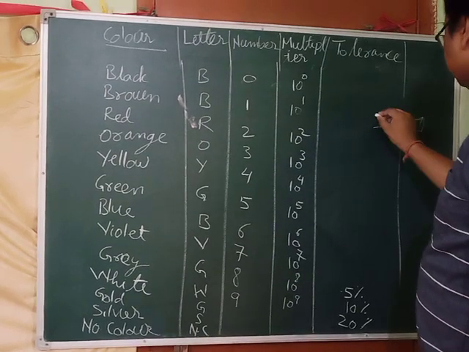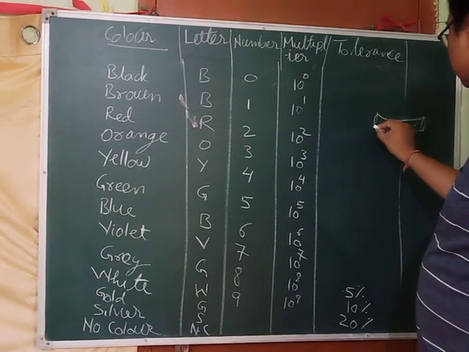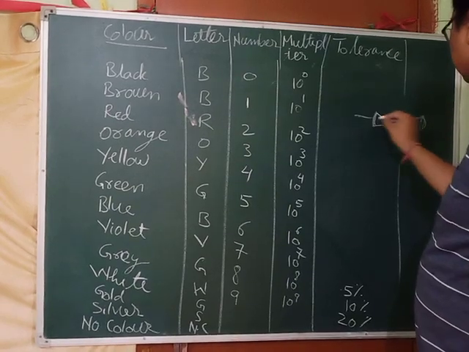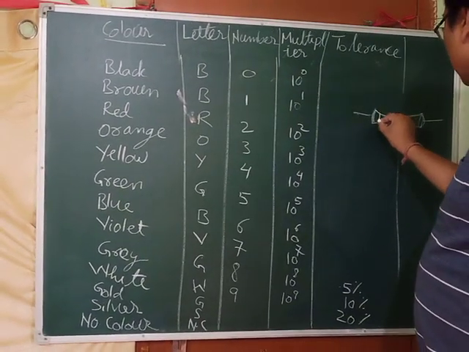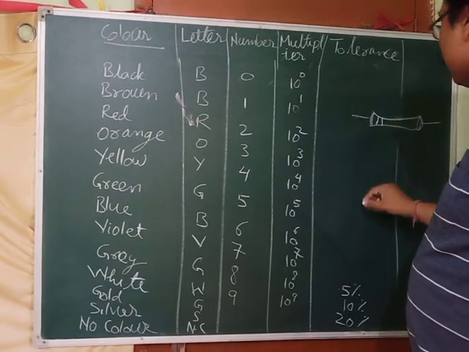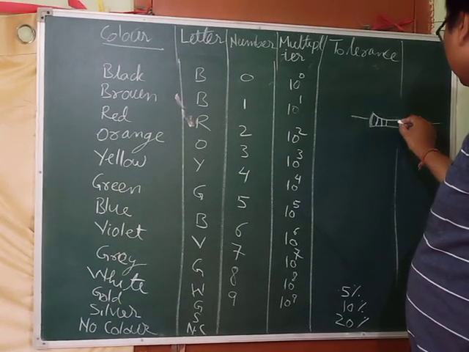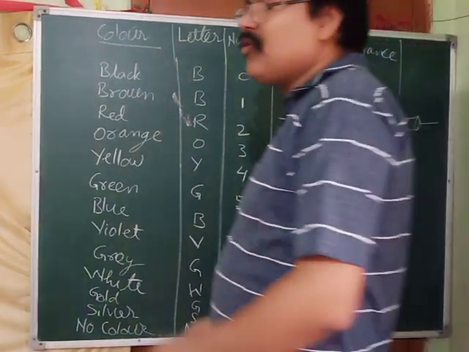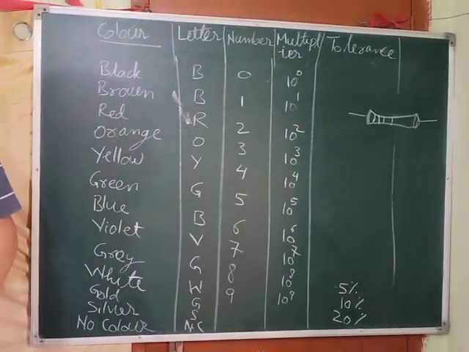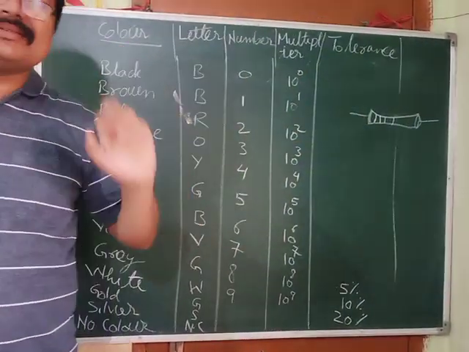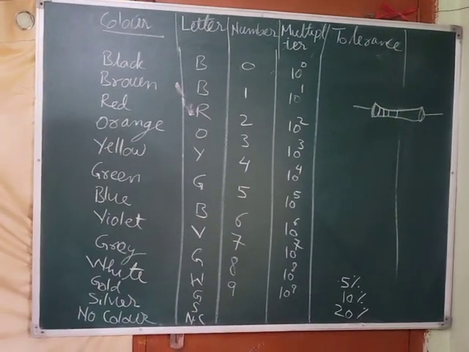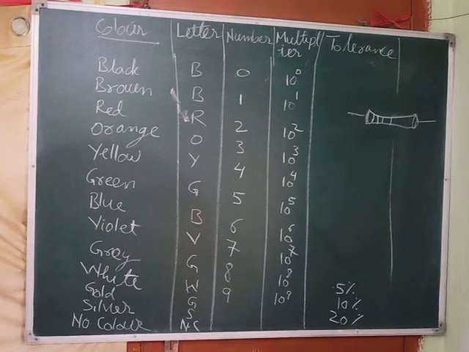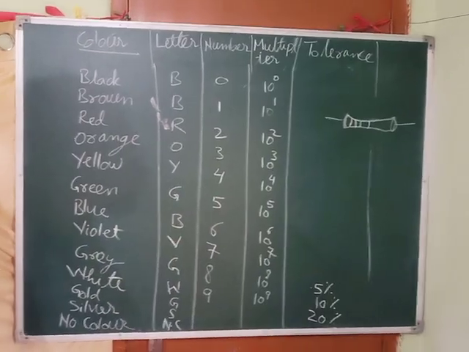They have lines, 1, 2, then 3, and then 4 lines. They have 4 lines, and these are not lines but 4 colored rings. Just note it down first, then I will explain how to utilize this. Done? You have done this much.